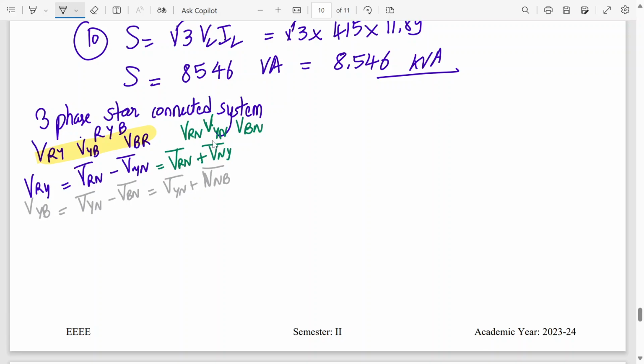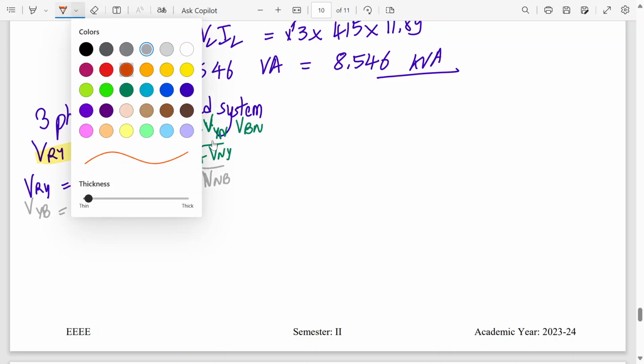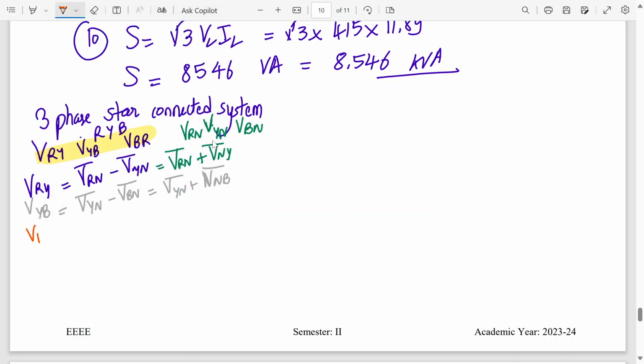Third case, VBR is VBN minus VRN, so VBN plus VNR. This way we have the voltages.